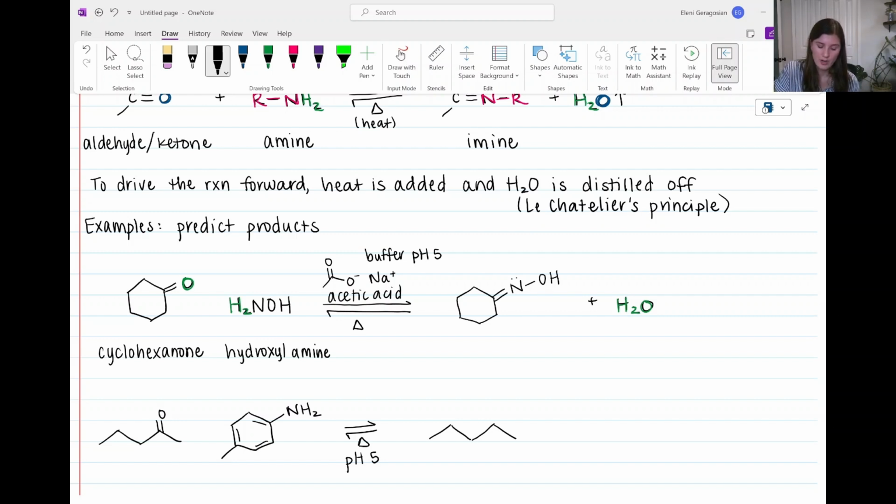I drew the carbon structure of the ketone molecule. Where the carbonyl was, that carbon is now double bonded to the nitrogen from the amine. The nitrogen loses the two hydrogens to water, and the nitrogen is bonded to that phenyl ring with the methyl substituent in the para position. So there's our product. We'll talk about the buffer solution in the next video when we go through the mechanism.